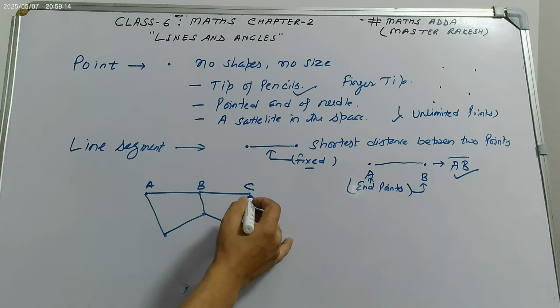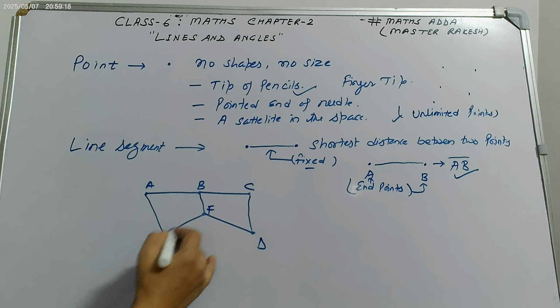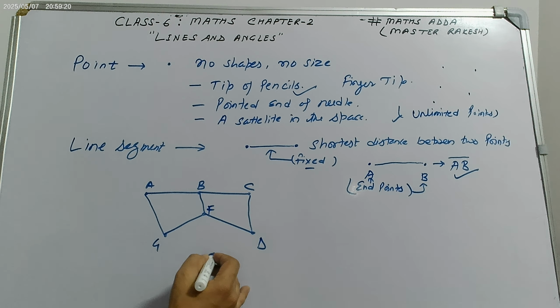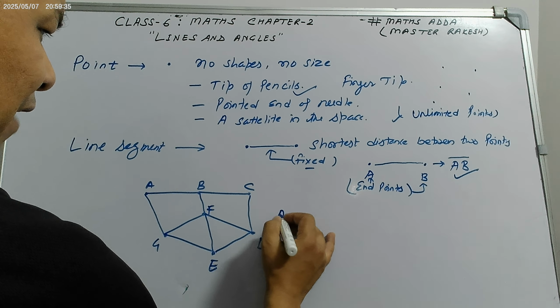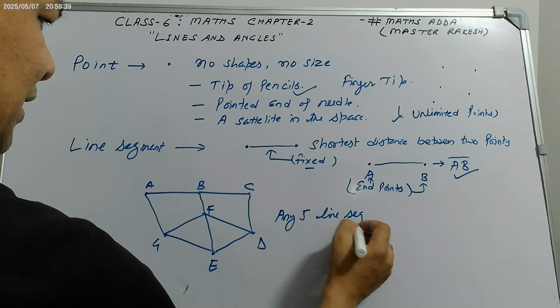This is D, this is F, this is G. Here put E. Connect E with G, F with E. So if I ask you, write the names of any 5 line segments.